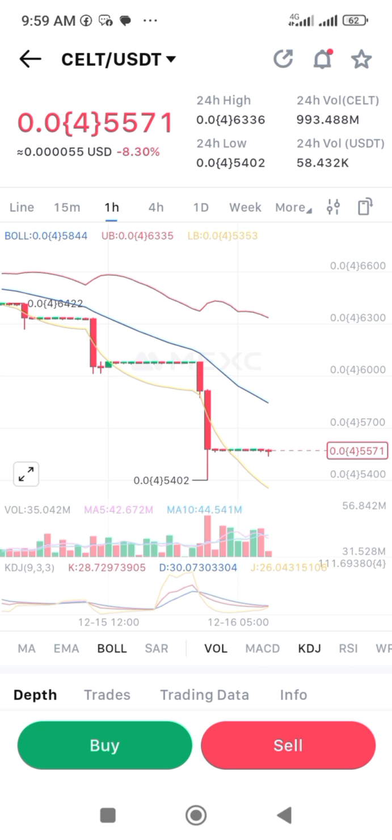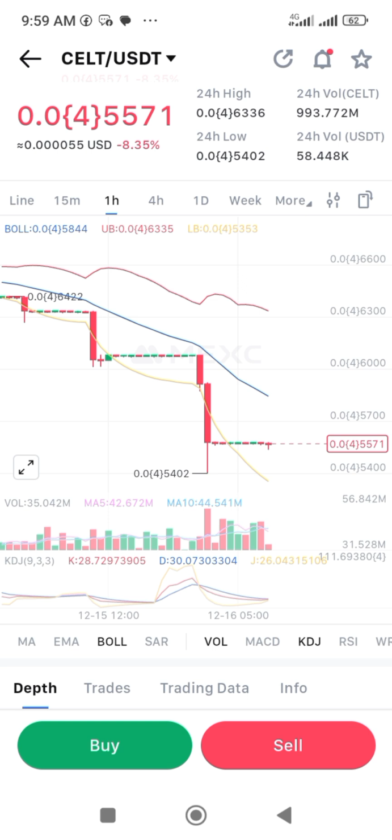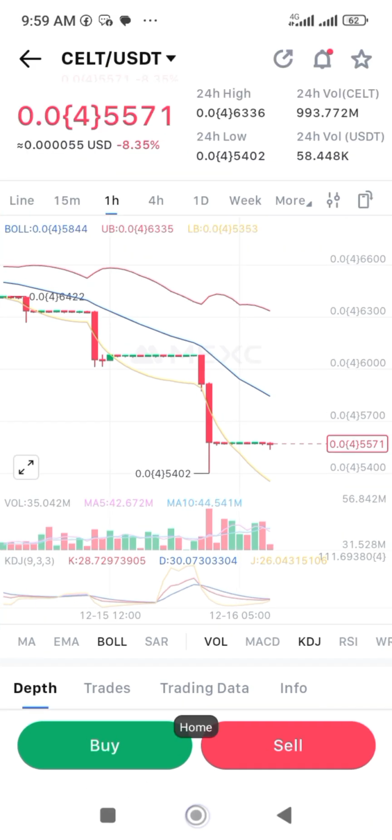So let's click on liquidity here and see. You can see they have about 58,000 USDT and about 993.7 million CELT, so there is enough liquidity here for you to sell your coin and still repeat your arbitrage. So we have made a profit of $9.